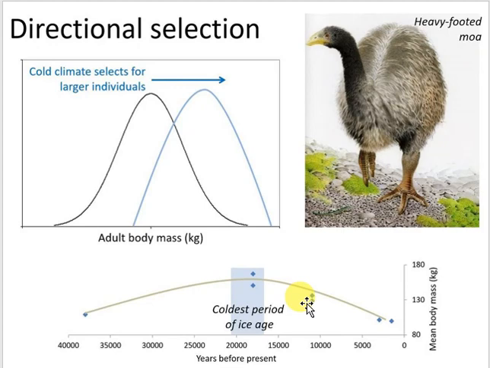On the alternative aspect, smaller species have a higher surface area to volume ratio, which means they're able to lose heat more efficiently in warmer regions. So that makes them more fit for warmer climates, or better able to survive in warmer climates.